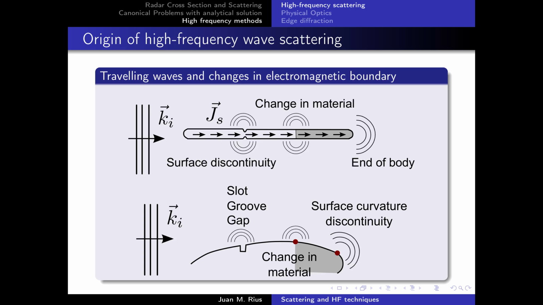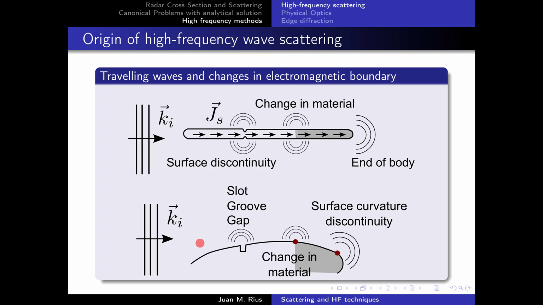There are other phenomena of lesser importance, like for example diffraction at surface discontinuities, diffraction at changes in materials. If we have a surface current wave, when it reaches the end of the body, we also have a scattering at the end of the body due to the abrupt termination of the surface current wave.